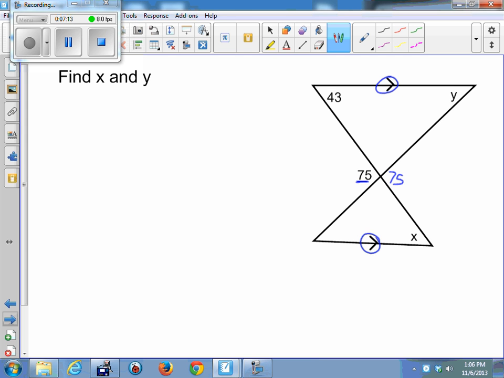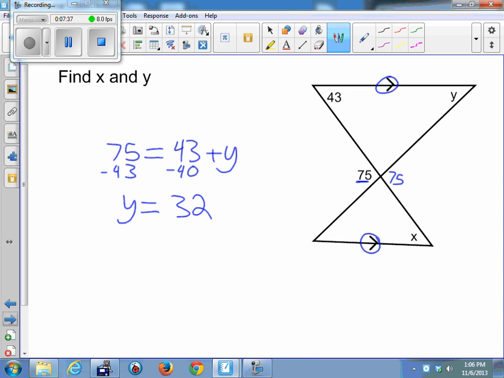Now, what they want you to do here, and you don't have to do this, but you can, is look at 75 as your exterior angle, which is equal to 43 plus y. Subtract 43 on both sides, and you get y equals 32.